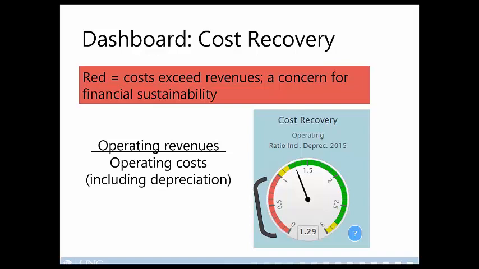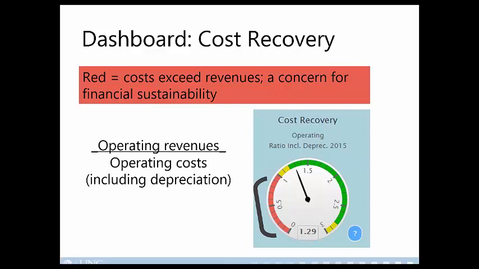But we have this red, yellow, green color scheme, much like traffic lights, to give you that instant signal of, red is not so great, green is good, and yellow means, oh, I'm not so sure, somewhere in the middle. So here, this red that we have, with this bracket pointing out on the dial, this means that your operating costs exceed your operating revenues. And this, I want to point out, includes depreciation.